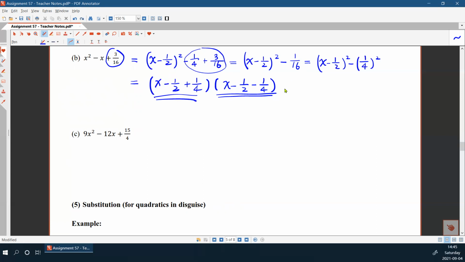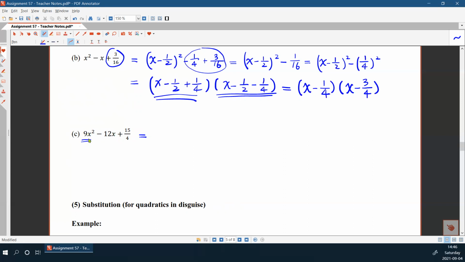So please simplify your result to x minus 1/4 times x minus 3/4. All right? Any questions? No? Okay, next, let's have a look at question C here.